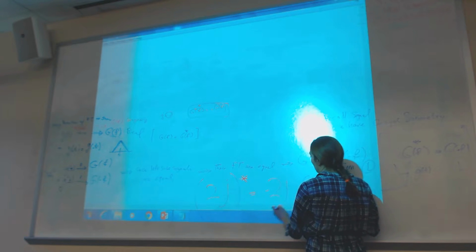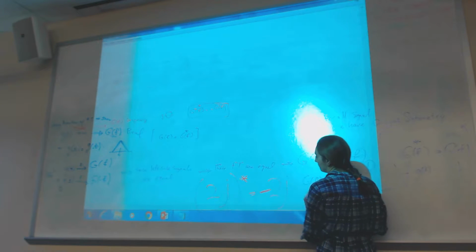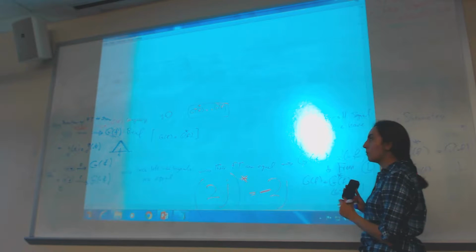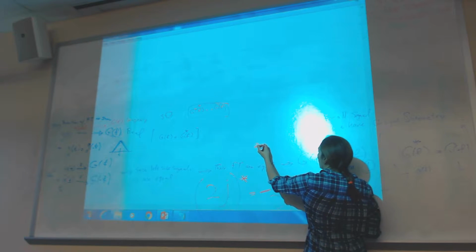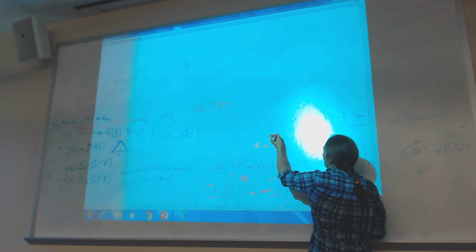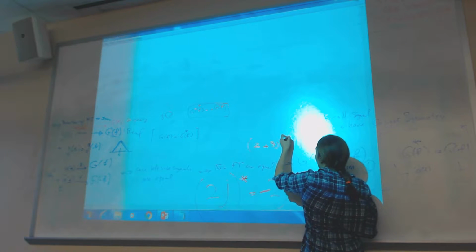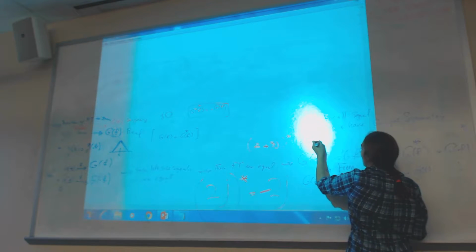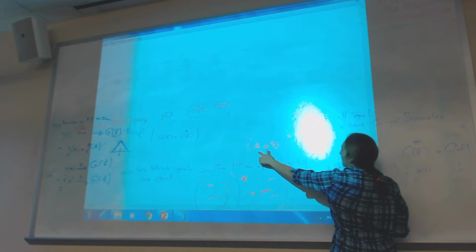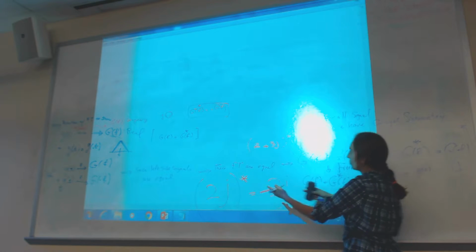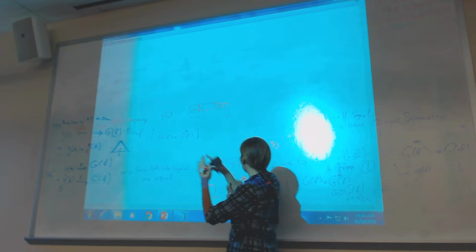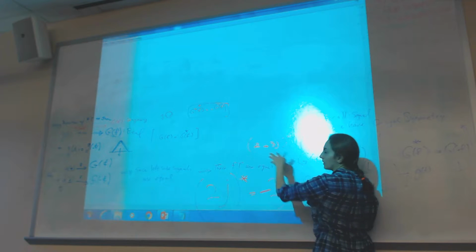Minus 2j. So I get the negative of that. But if I had something with a real part, for example 2 plus 3j, if I conjugate that, I get 2 minus 3j, which is not the negative of that. So this is true only if you have only the imaginary part. Everybody get it?